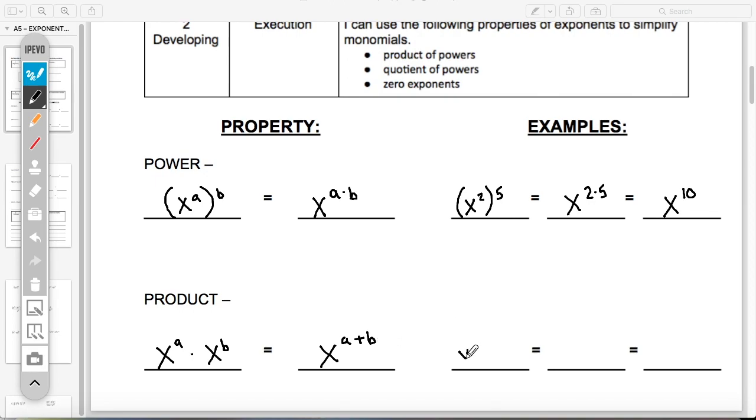Let's say we have y cubed times y to the fourth. I'll rewrite that as y to the 3 plus 4. Okay, and we know 3 plus 4 is 7. So y to the 7th. Pause the video if you need more time.